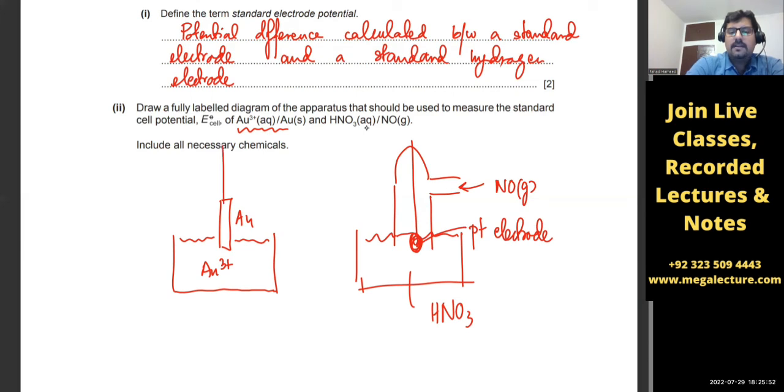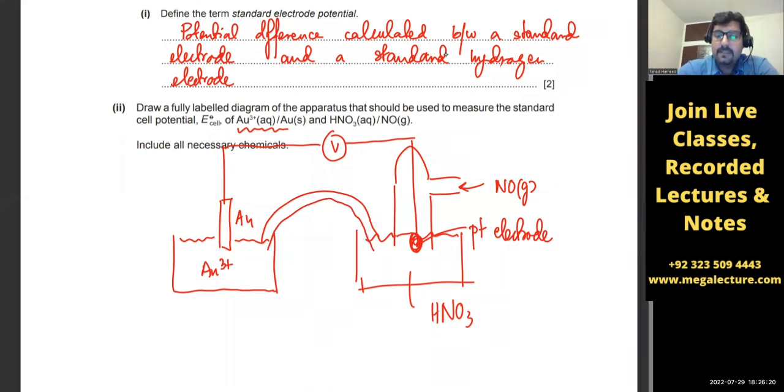And you'll add a voltmeter between them because he's asking you to measure the potential difference, cell potential, and there's one thing that is missing. What is that one thing that's missing? बस salt bridge बीच में डालना है, ठीक है? So you're going to add a salt bridge. Label everything. This is going to be at 1 atmosphere pressure.